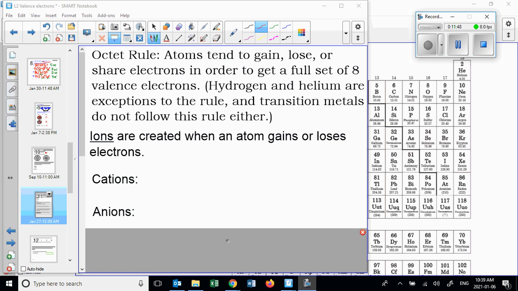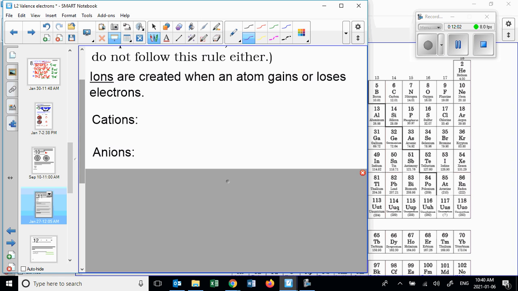Now, the words cation and anion I tend to use a lot, and they're specific for the ions. So cation, oh, let's try this color. I'm colorblind, so I just choose colors. Cations are positive ions, like sodium, Na+, because they lost electrons; you lose negatives.